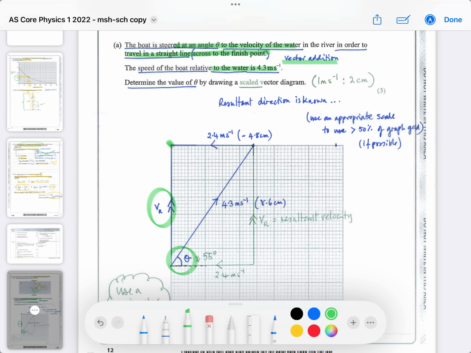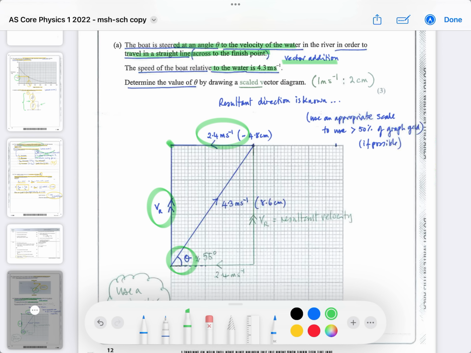So the 4.3 at the angle theta plus the 2.4 meters per second of the water current. Together, if you add those two arrows, which means you put the first arrow and then add the second arrow on top of the head of the first arrow, you can go either way, the parallelogram or rectangle in this case, because it's at right angles.